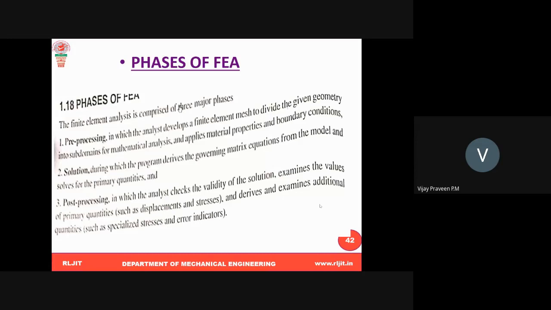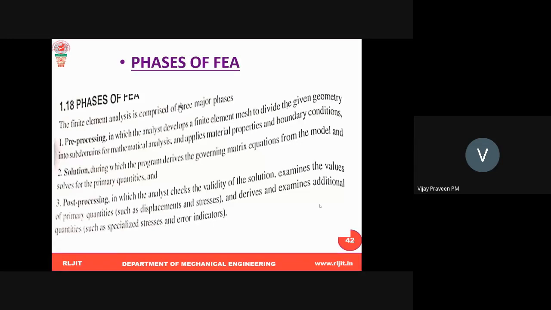It will calculate the elemental stiffness matrix, then assemble the global stiffness matrix, then apply the boundary conditions, and calculate the unknowns like stress, strain, nodal displacements, and reactions. That is done in the second stage, known as processing. It will solve the entire matrix, which is taken care of by the computer in the software.